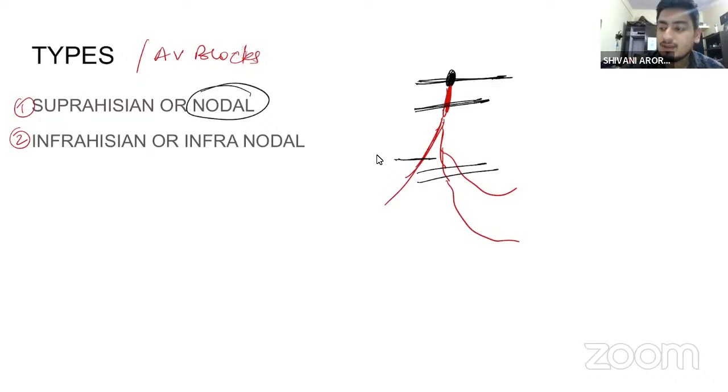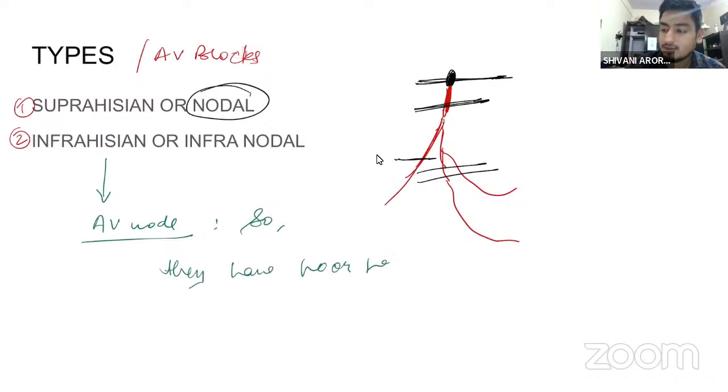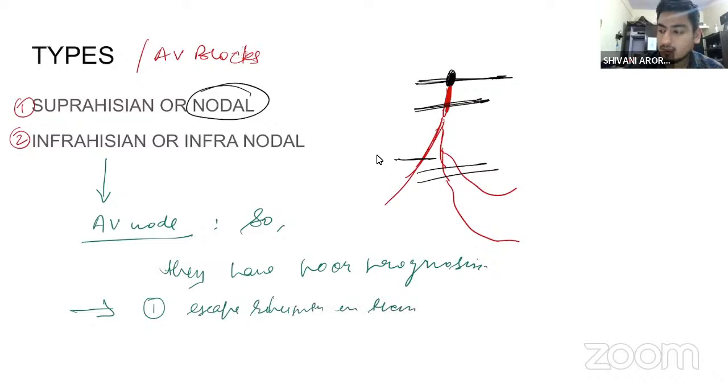So the basis of dividing the AV blocks into these types is that infrahisian blocks are below the level of AV node. So they have poor prognosis. Reason being, first reason is, since they are below the level of AV node, the escape rhythm in them would be ventricular.